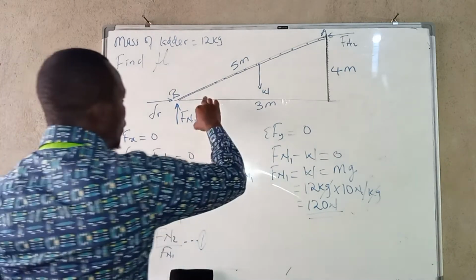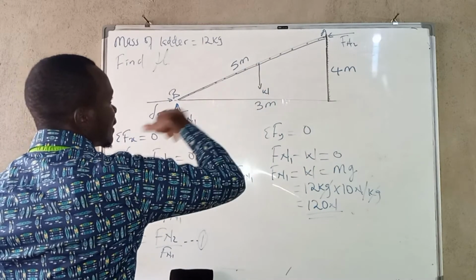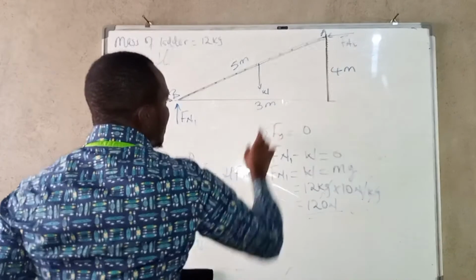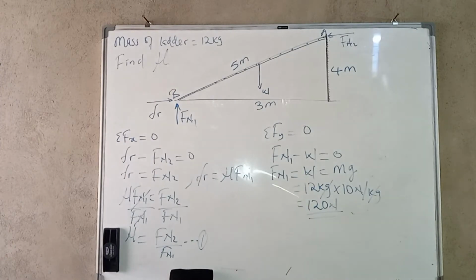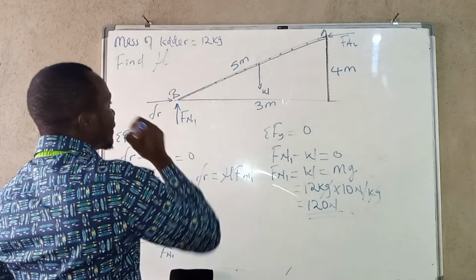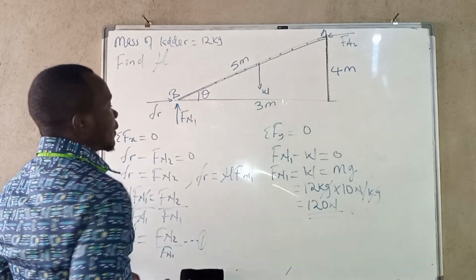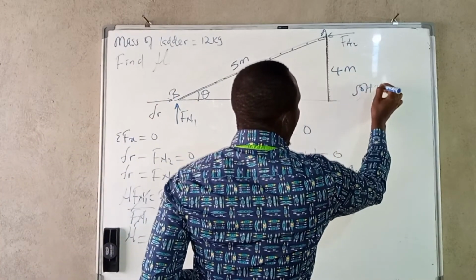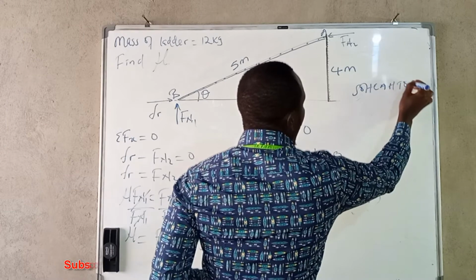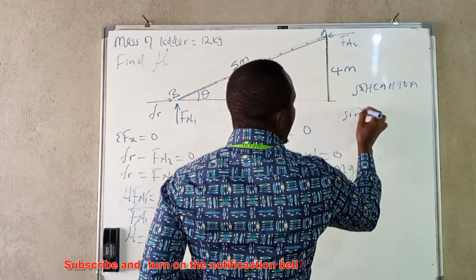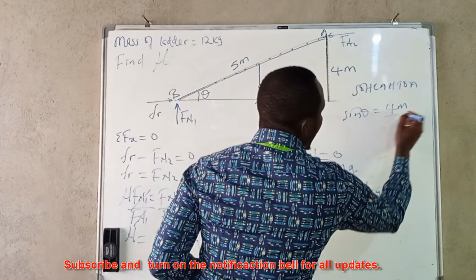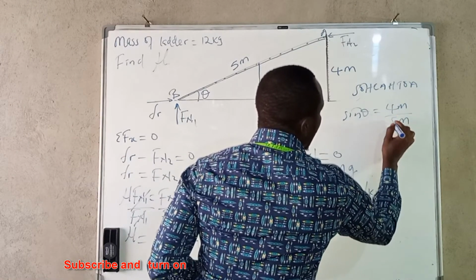From this point, we proceed as follows. We have this system with this and this, so we can use any of the trigonometric identities to find the angle theta here. From SOH CAH TOA, sine theta is equal to opposite over hypotenuse. Opposite is 4 meters over hypotenuse, which is 5 meters.